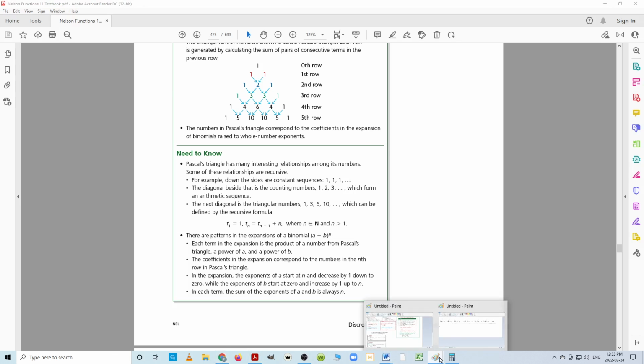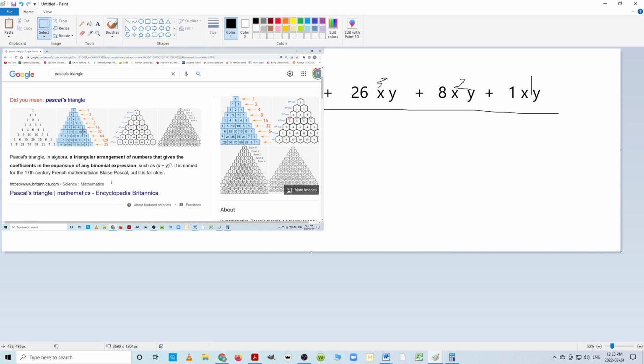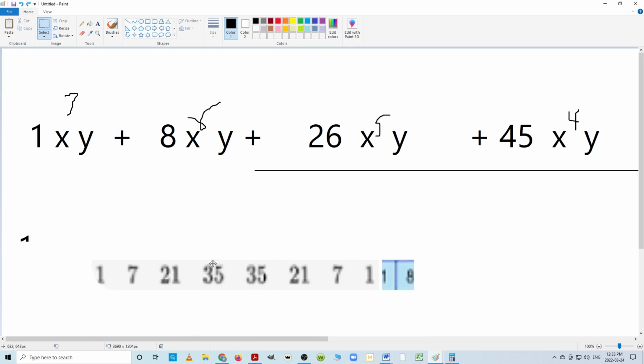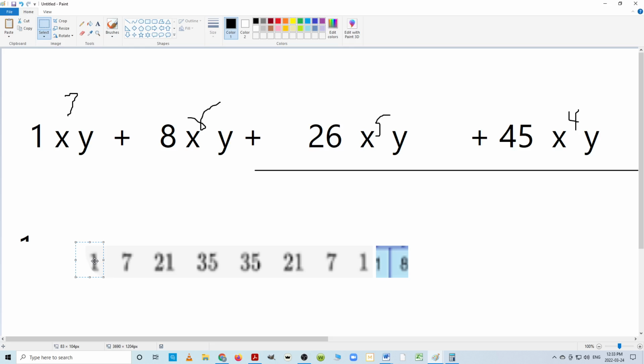So this is the actual coefficients I should have used. Let's see if I can pull it up now here. And yeah, I would have taken my time and drawn the pyramid more accurately. So these are the actual coefficients. So I got the 1 right, but this has got to be a 7 here. And this has got to be a 21. And this has got to be a 35.